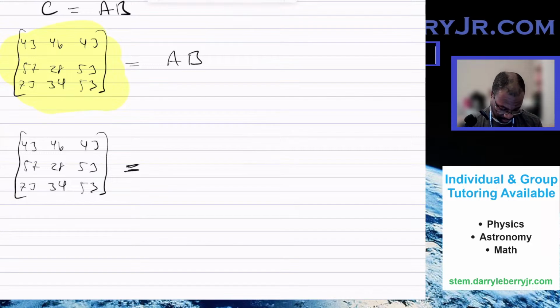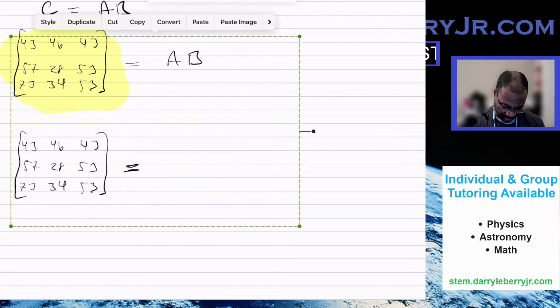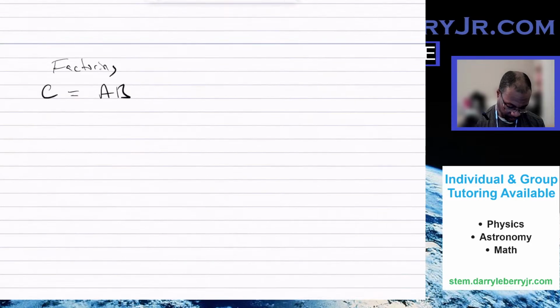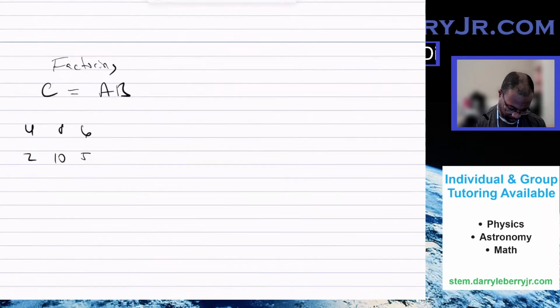Actually, no, this is going to be too difficult with these difficult numbers. I want to make sure I have something that is doable in a reasonable amount of time. So I'm only going to make up a C. This is my C.